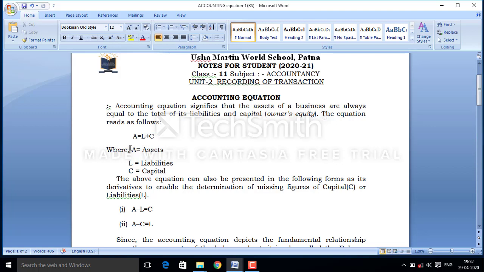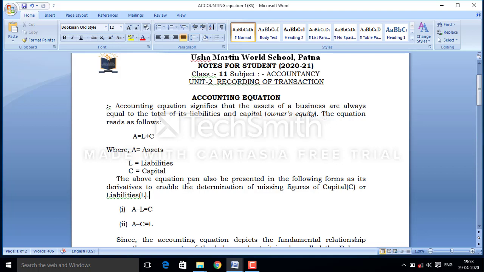Here you can see A is equal to assets, L is equal to liability, and C is equal to capital. So we can write A = L + C, or we can simply explain the term assets is equal to liability plus capital.